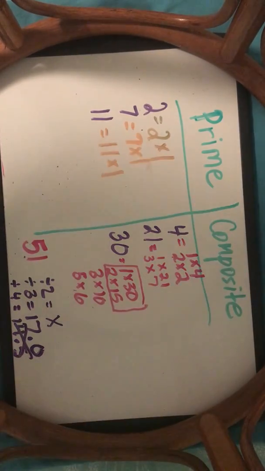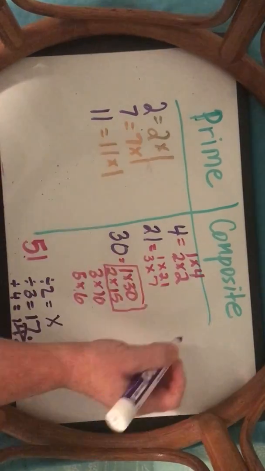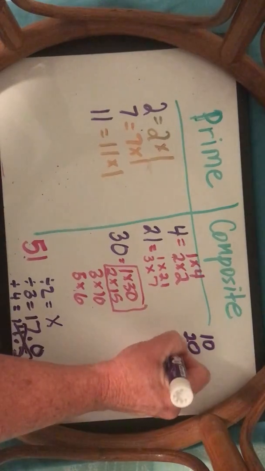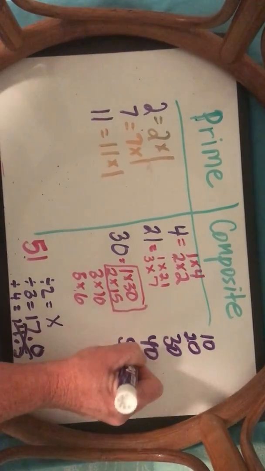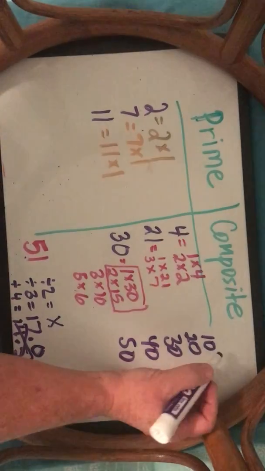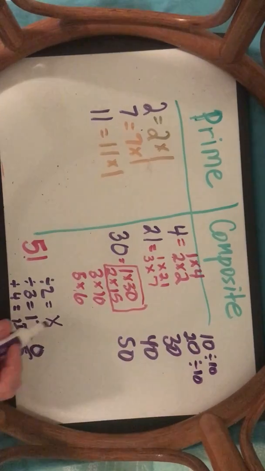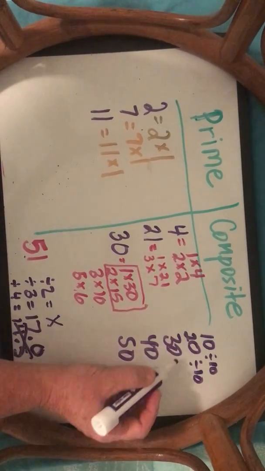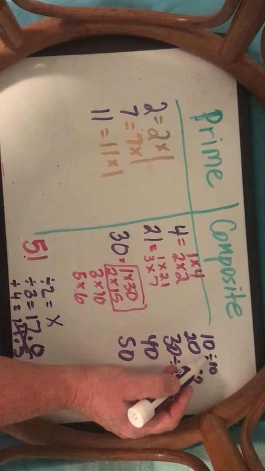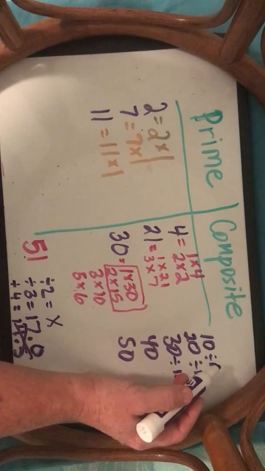There are some other tricks. Any number that ends in a 0, 10, 20, 30, 40, 50, those are all what? They're all composite, because every single one of these can be divided by 10, okay? Well, actually, this 10 is not only divided by 10, but it also can be divided by 2, right?